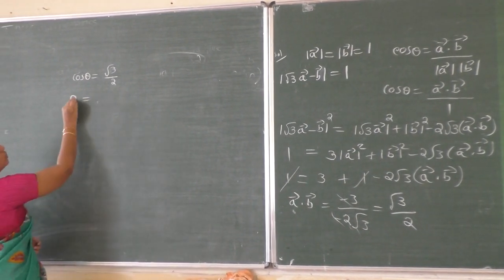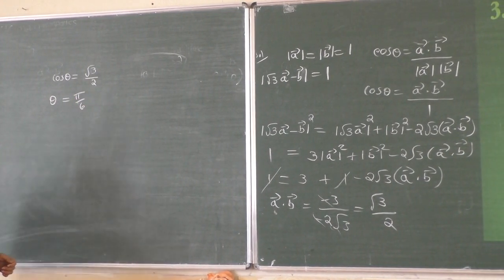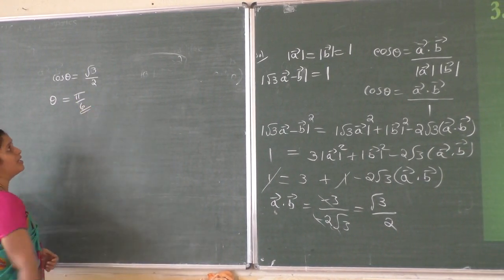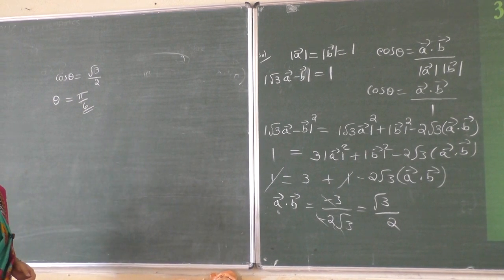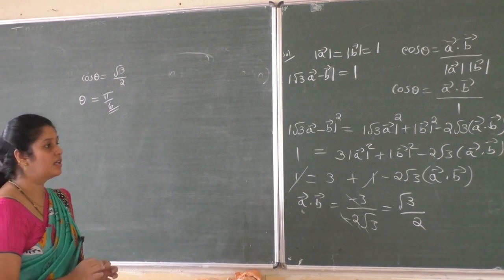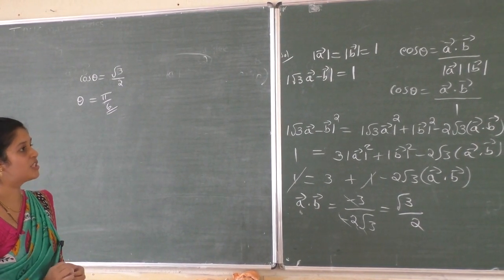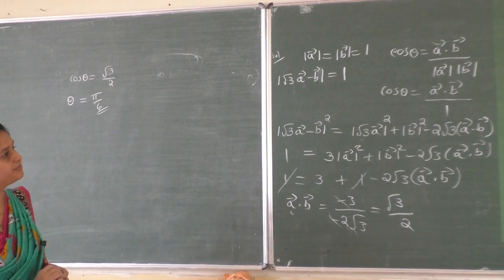Therefore theta equals pi by 6, which is 30 degrees. So cos theta is root 3 by 2 means theta is equal to 30 degrees. So option A is the answer for that question.